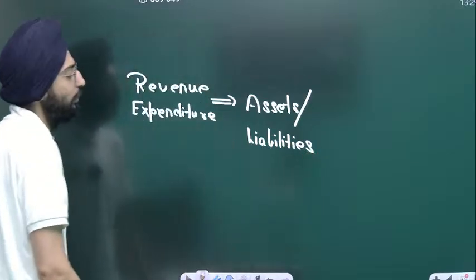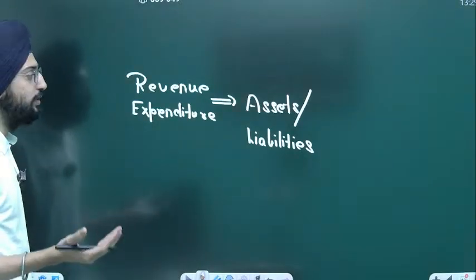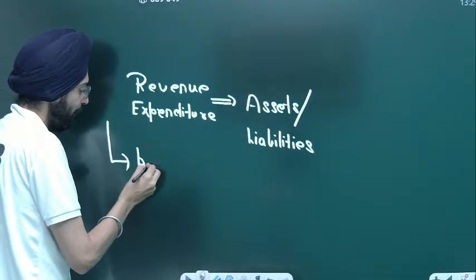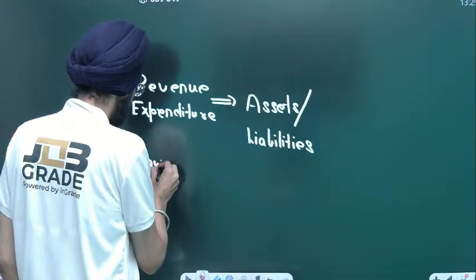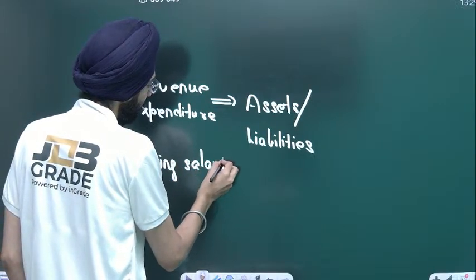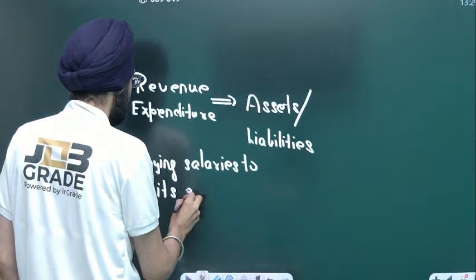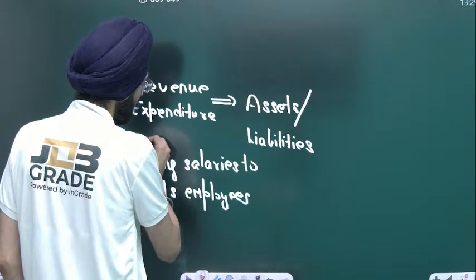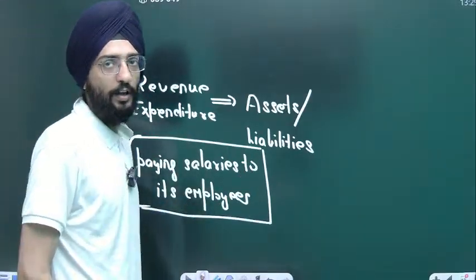For example, if a government is spending on paying salaries to its government employees, this will be considered as revenue expenditure.